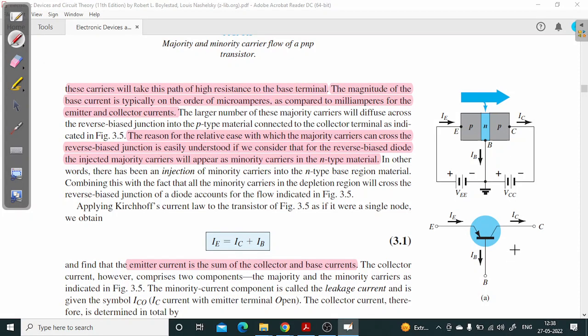So about the symbol, this is the symbol. Let me draw the symbol for a PNP transistor. So we have it like this. This is an NPN transistor. It's a 3-terminal device. So this is base, this is collector, this is emitter.